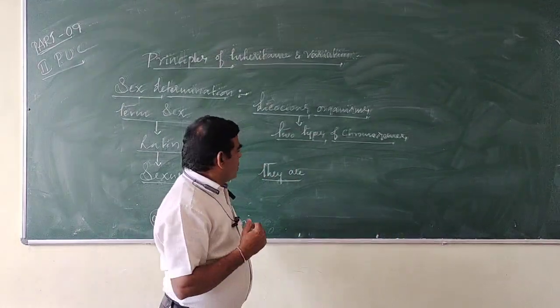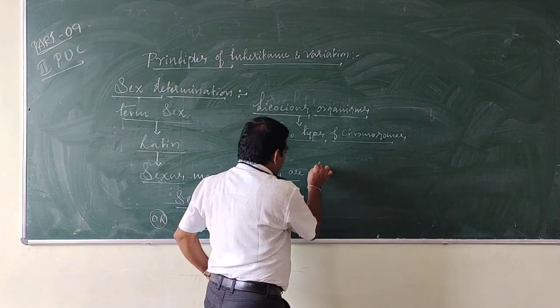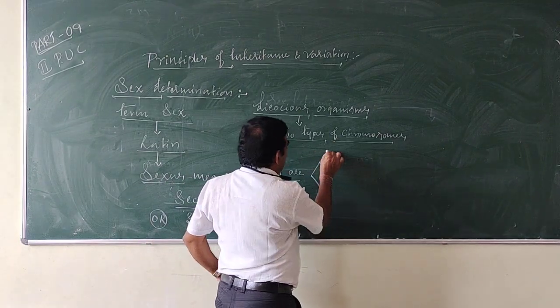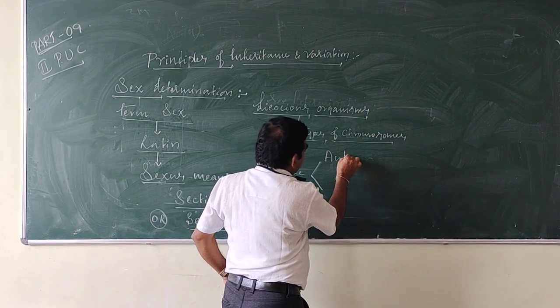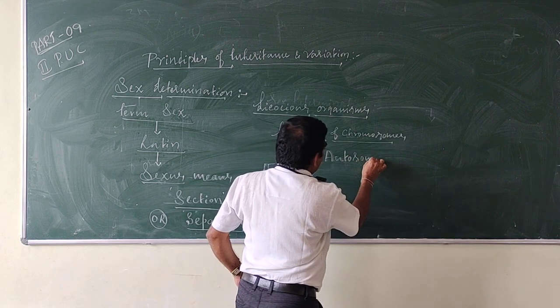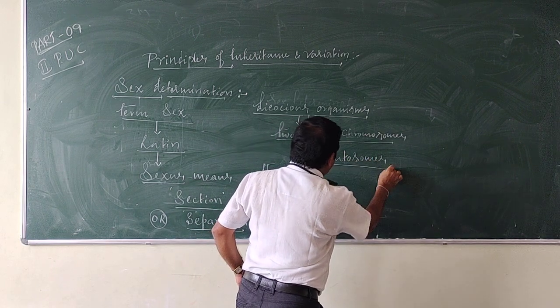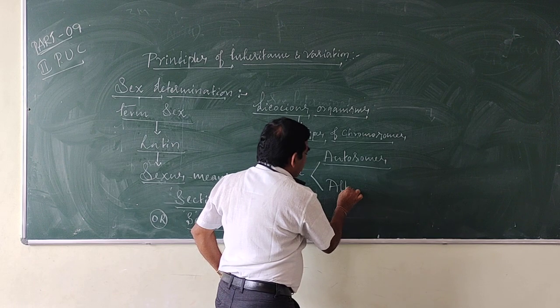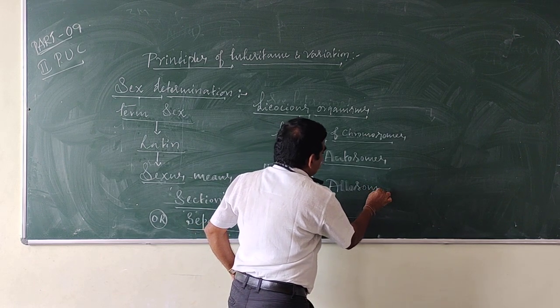Which are those? They are, first one, autosomes, and second one, allosomes.